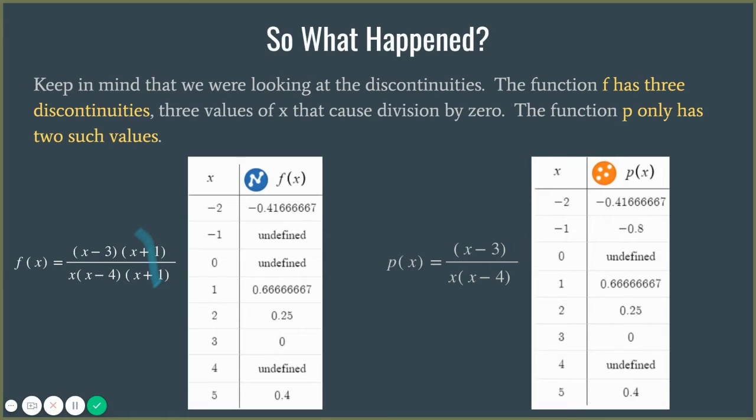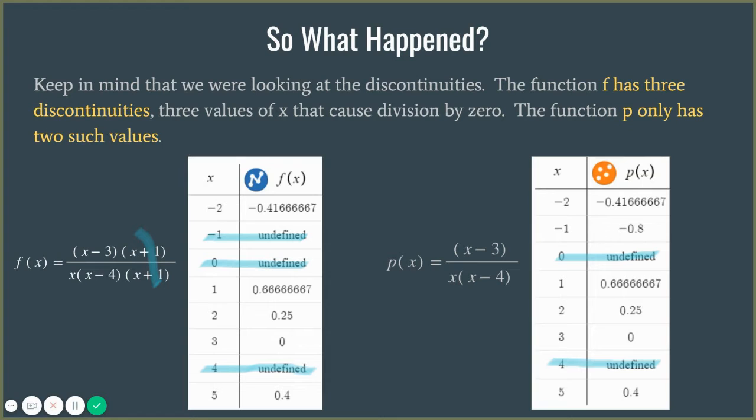Because the function f of x had 3 discontinuities, whereas the function p of x only has 2 discontinuities. So somehow we lost one of those discontinuities.